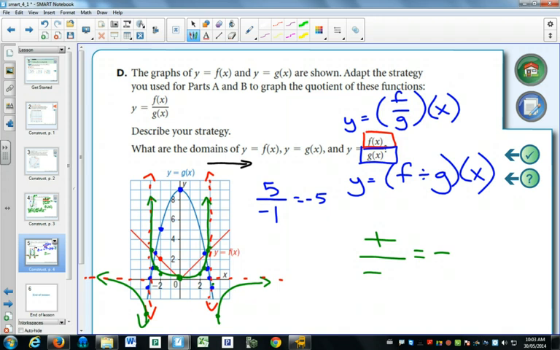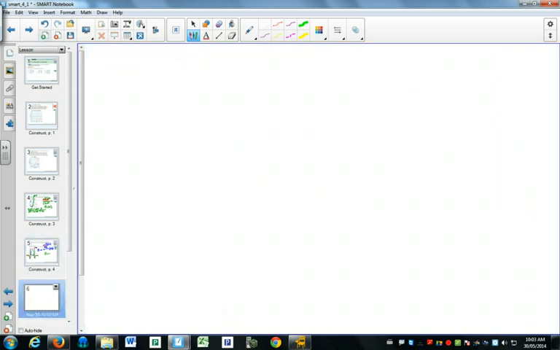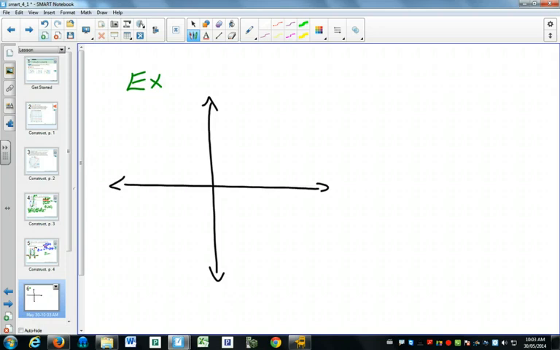Now, someone said, how would you know if there was a hole in the graph? We'll just add an example here. I will put in some values. And this will be more typical of the kind of graphs that you'll see. So we're going to do red graph here. I'll do some nice points on this graph.